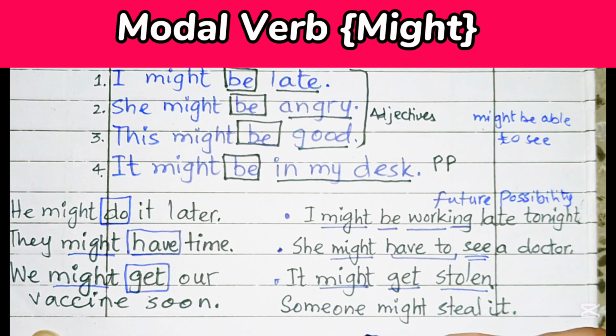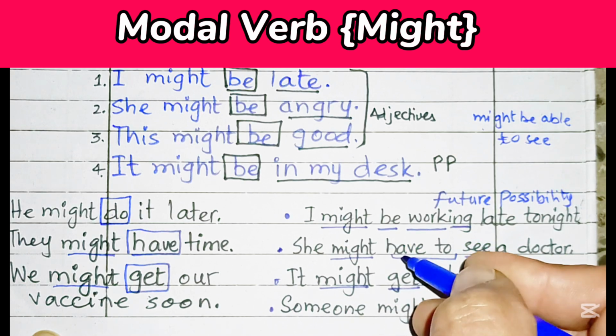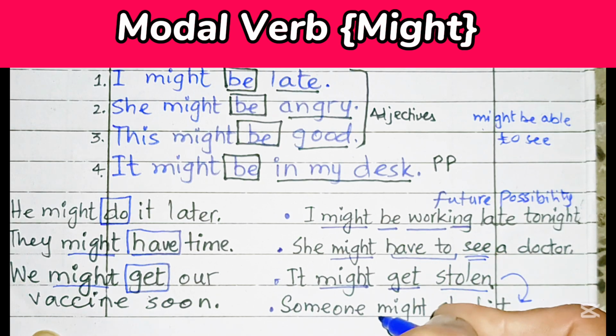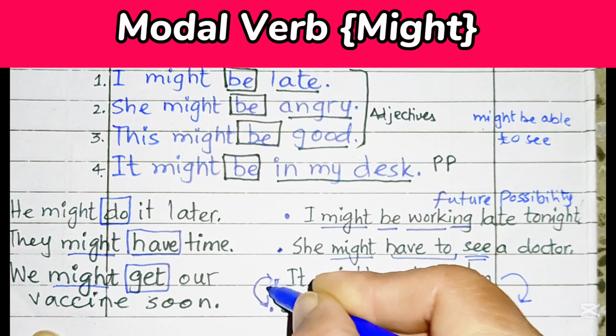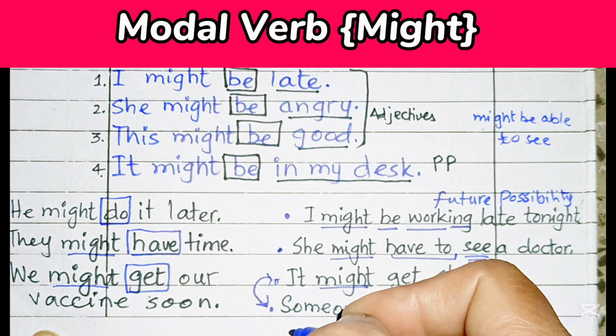Or we may use it like this. Someone might steal it. Both sentences have the same meaning. But over here, the modal verb might is followed by the simple form of the verb steal. This is actually an active voice. Both these sentences have the same meaning, no change in the sense.